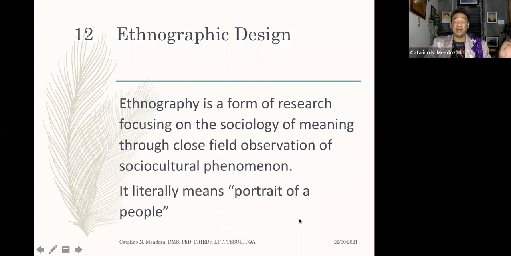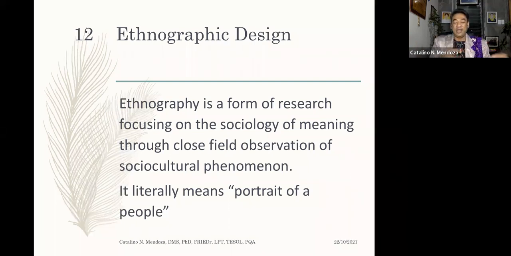So it literally means portrait of people. So it means what you have seen from a certain community could possibly be part of the ethnographic design as a qualitative research method. Why? It is because these people behave differently from the other community.